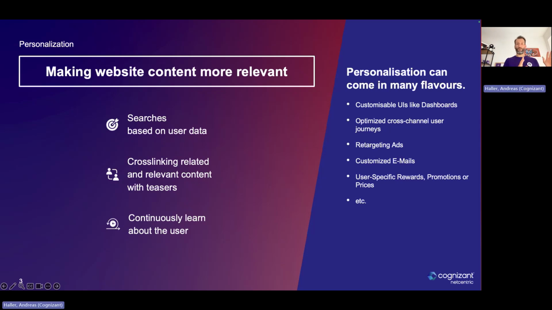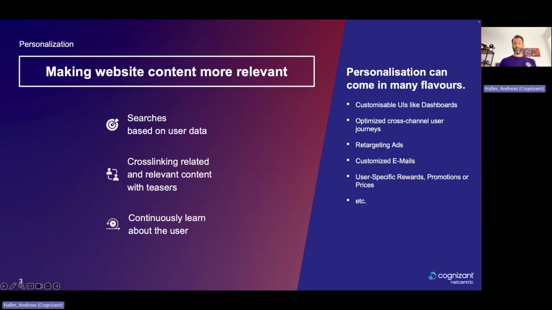Today, what we want to focus on is the website side, for searches, for cross-linking content, and continuously learning about the user. So bringing in this user context into what content is presented and how we are searching for content.